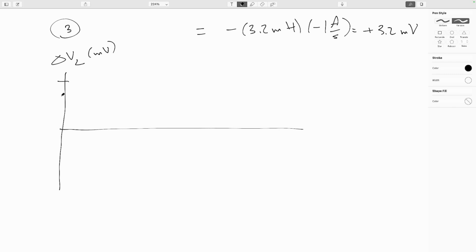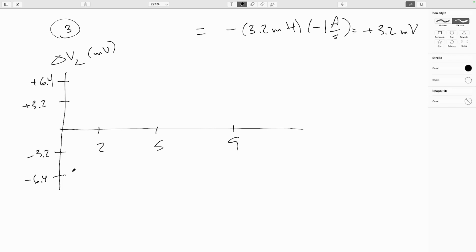I'm just going to use a really jacked scale here and just say this is minus 6.4, minus 3.2, plus 3.2, plus 6.4 millivolts, trying to keep it linear there.